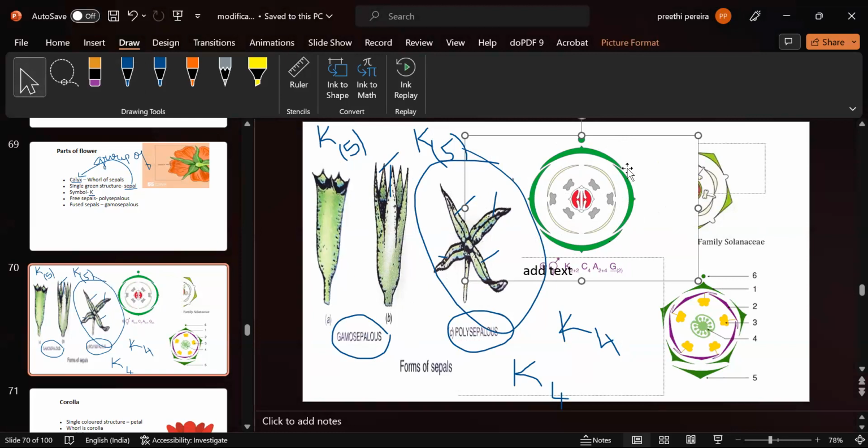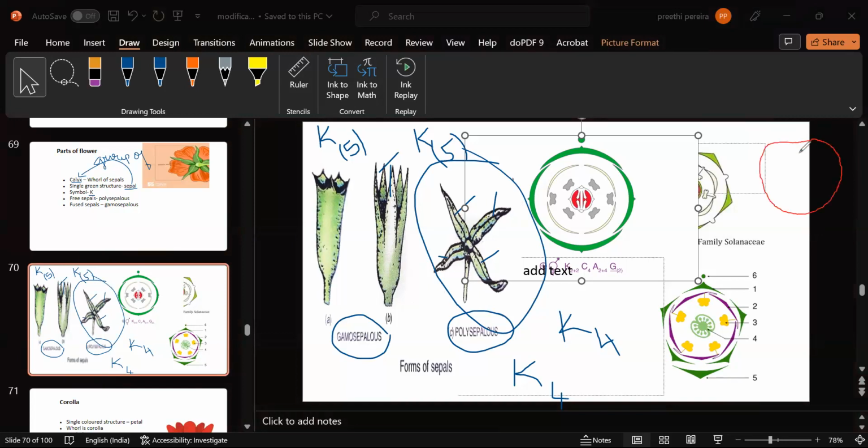So a flower is having 1, 2, 3, 4 calyx, but they are arranged in 2 whorls. Meaning, 4 calyx are there, they are arranged in 2 whorls. It's like this. Two calyx are in one whorl, one round, and the other 2 are in the other.